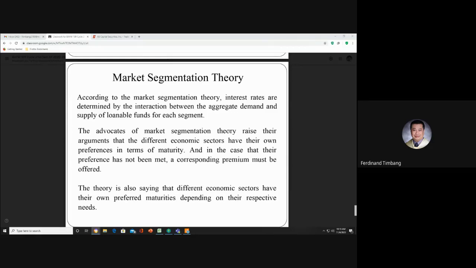But you also have to look at the different economic sectors, ito nasa last paragraph, that they have their own preferred maturities depending on their respective needs. Yun ang sinasabi ng market segmentation theory. Kaya yung computation natin, that would now depend on the maturity. Parang lalabas, nandun din siya sa computation ng dalawa, in between na siya. Preference lang ang sinasabi rito, preferences in terms of maturity.